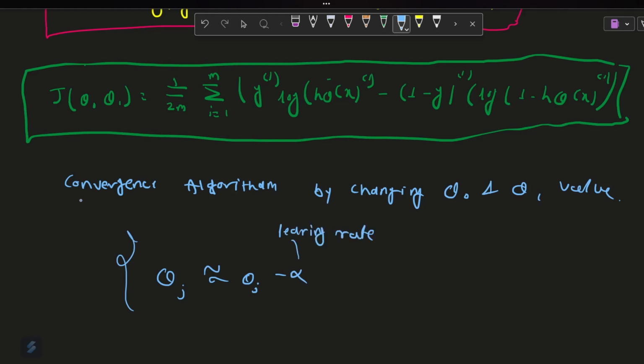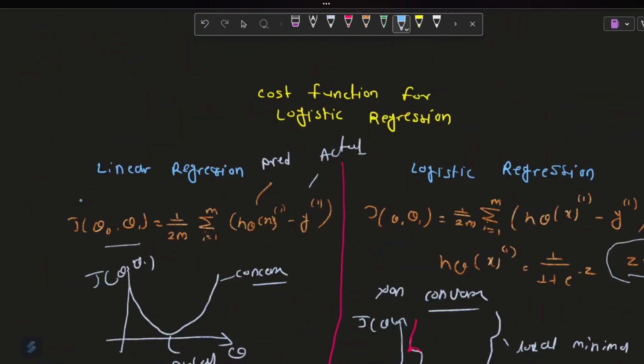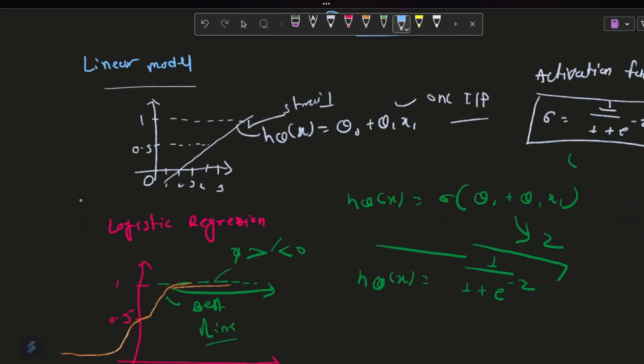These are all the concepts, the theory part of logistic regression. I hope we have covered all the concepts, and we will cover another topic in the next video, right?